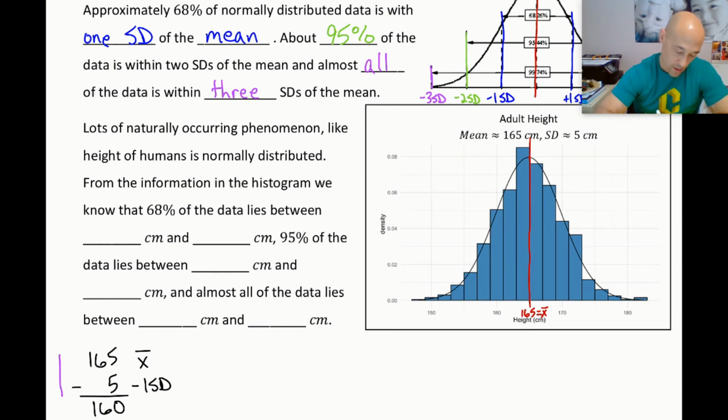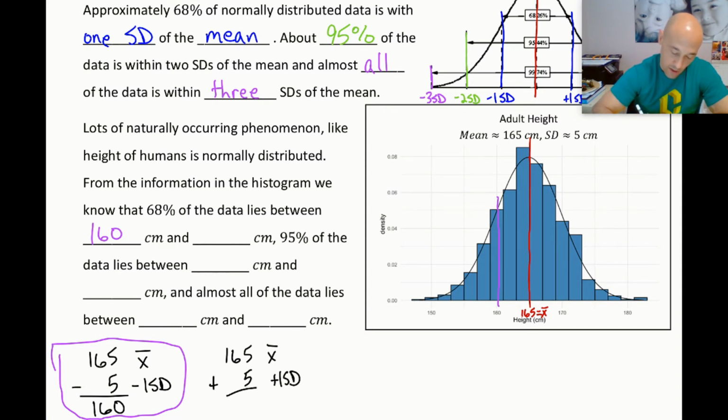I'm going to put that in purple. So right here, 160 is one standard deviation below the mean, up to one standard deviation above the mean. So now we take the 165, which is the mean, and add one standard deviation, which was 5, and we get 170.